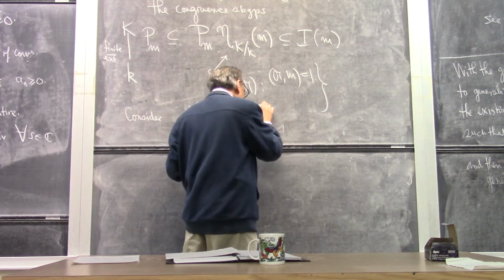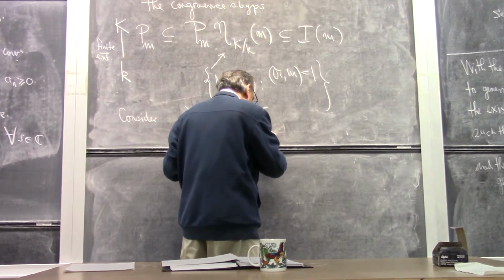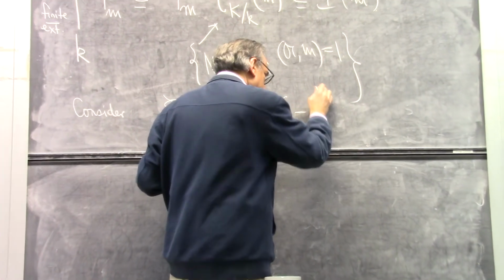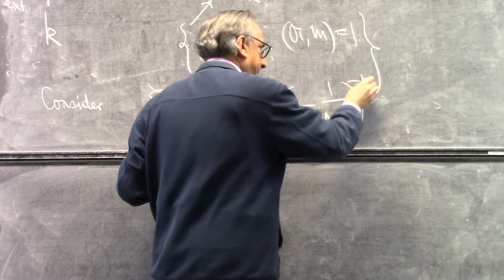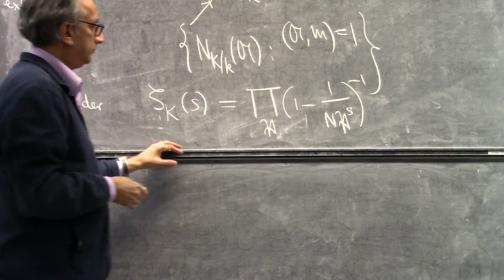So recall that this has an Euler product over prime ideals, 1 minus 1 over norm P to the s.